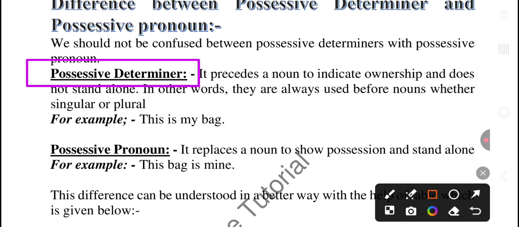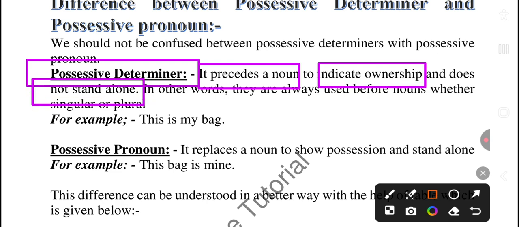First point is it precedes a noun. It indicates the ownership and it does not stand alone. In other words, they are always used before nouns, whether singular or plural.